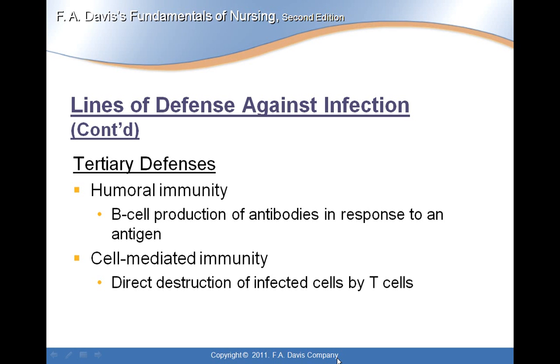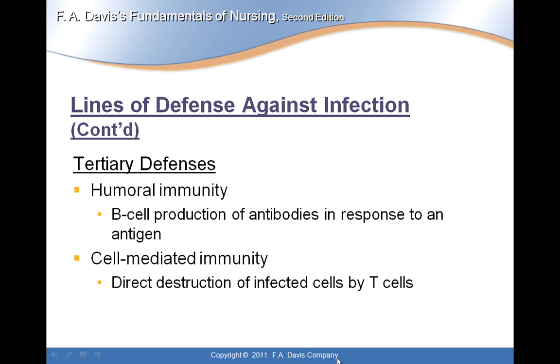And so what happens with humoral immunity, let's say I come into contact with maybe the chickenpox virus. So once the chickenpox virus enters my body, well, it starts a process. Just think of it like this: the B cells take pictures of the antigen, and so that's a type of surveillance.